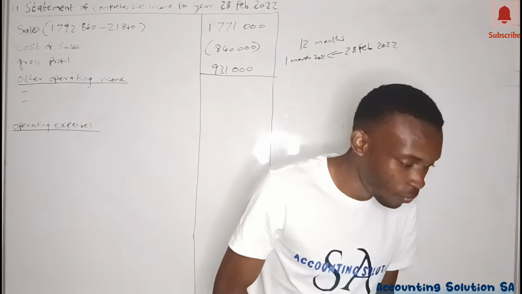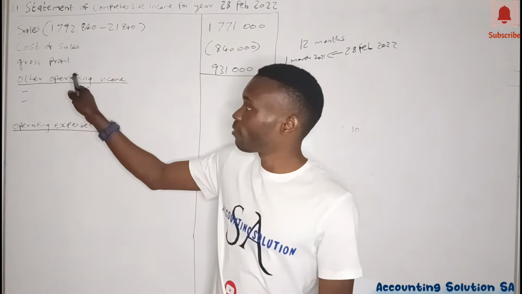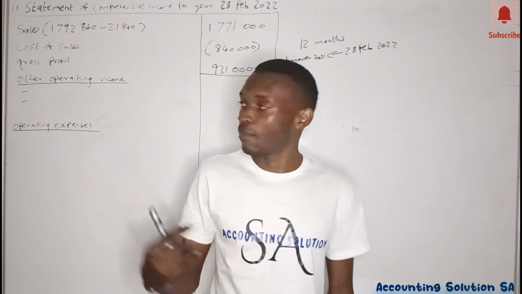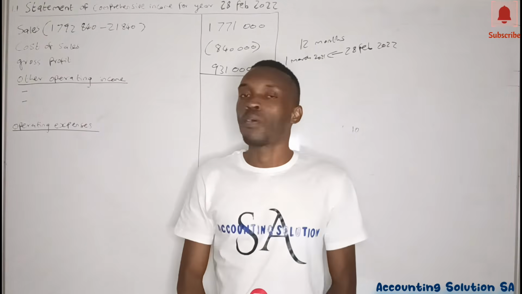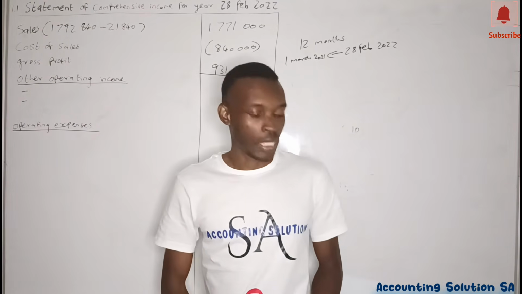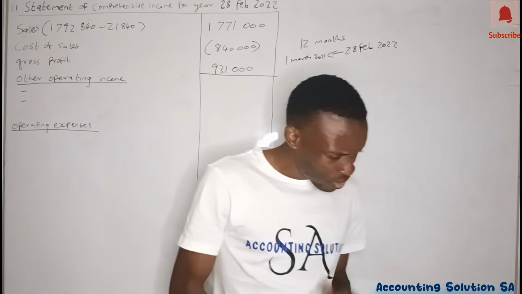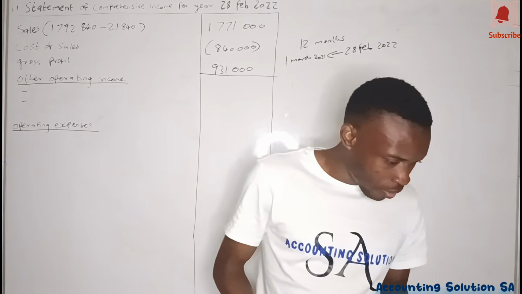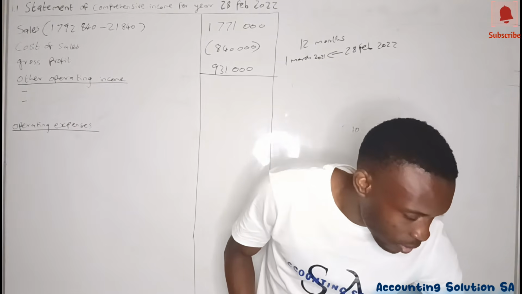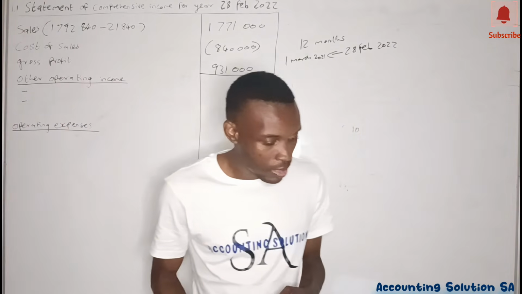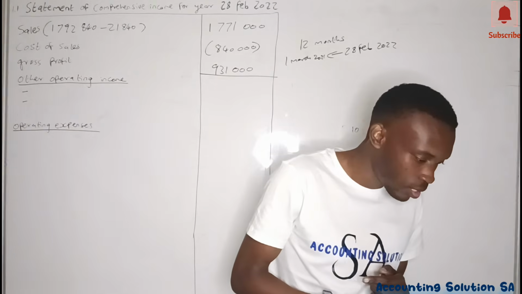Now we have to check if we have any other operating income. Then after that we're going to go to operating expenses. Let's check under the nominal account section. We have a debit side on the left and a credit side on the right.